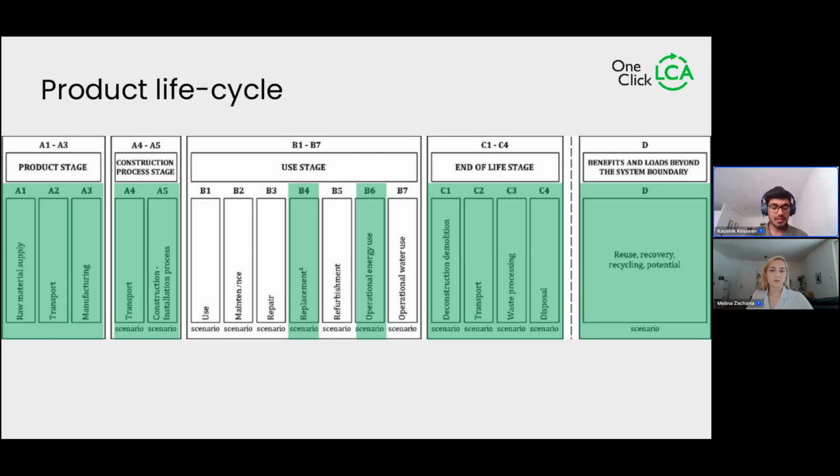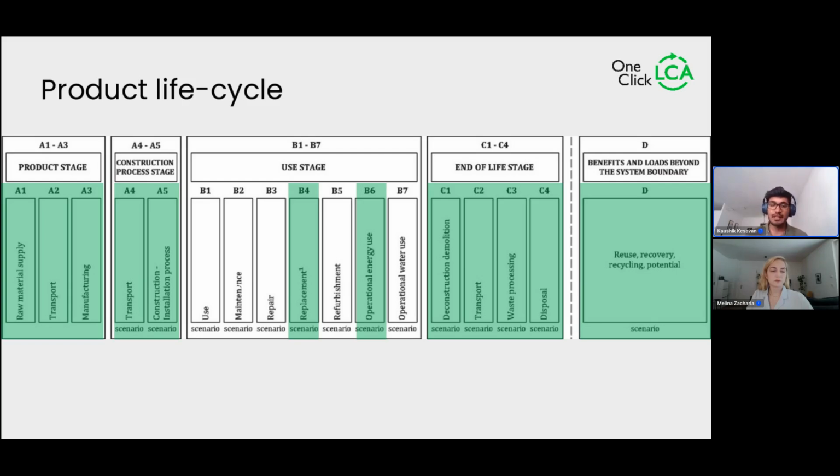So replacement comes in handy there, but it's not commonly used in the luminaire industry, at least not so far. And then the operational energy use, this is basically required for the product's functioning. We'll see more about how impactful this is compared to the other life cycle stages soon enough.